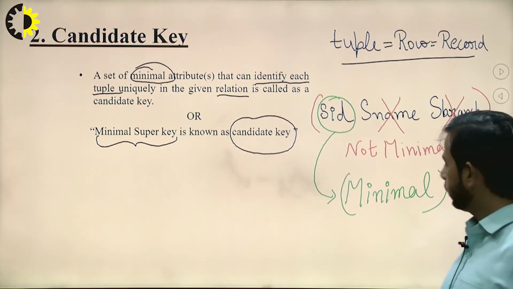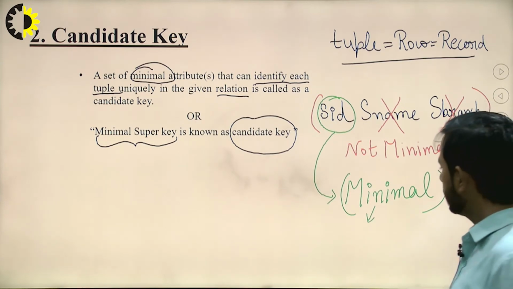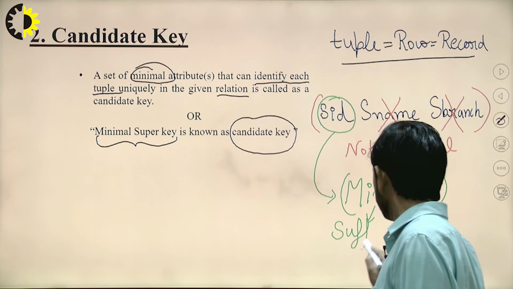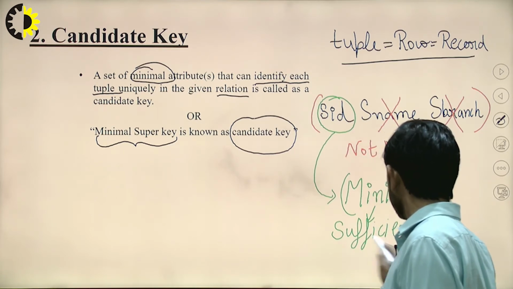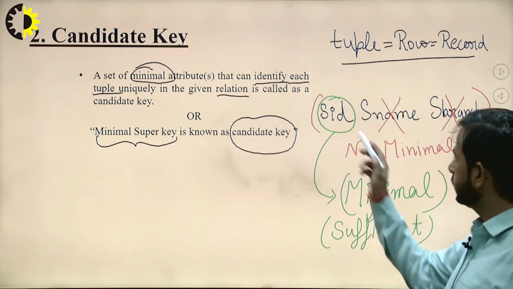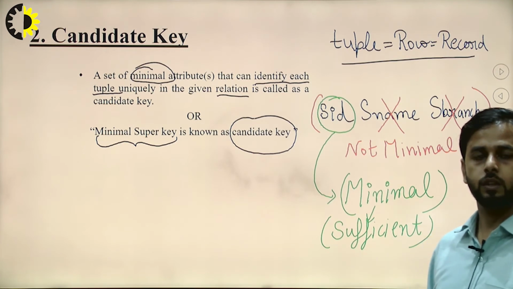Here the meaning of minimal is not minimum, it is sufficient. Minimal is different from minimum. So it is a minimal set of attributes that can identify each tuple uniquely.